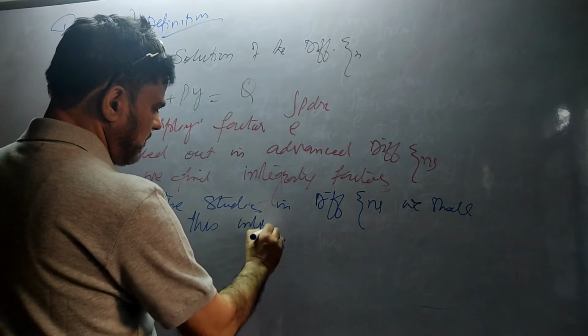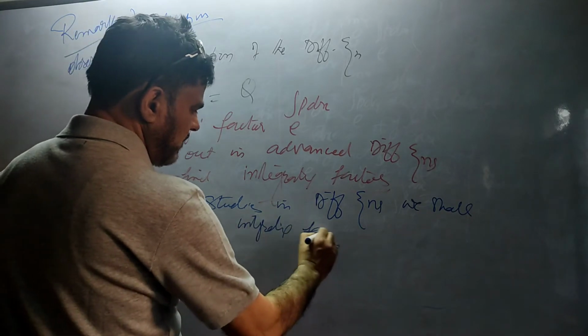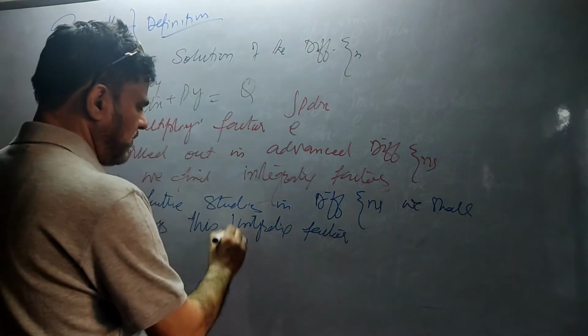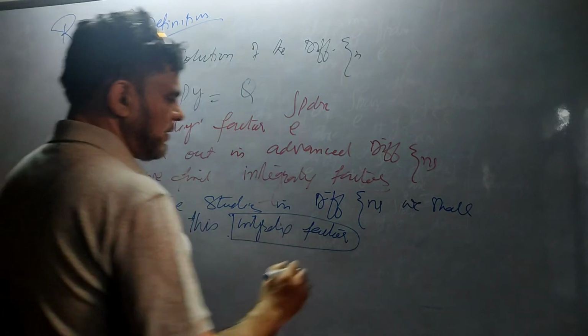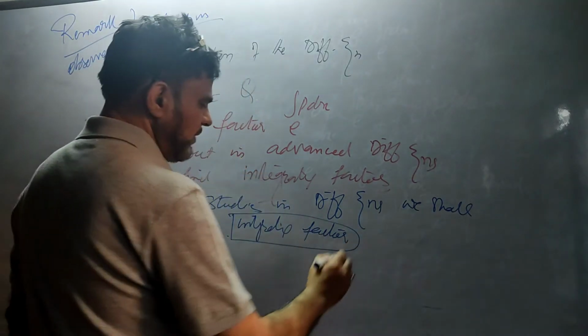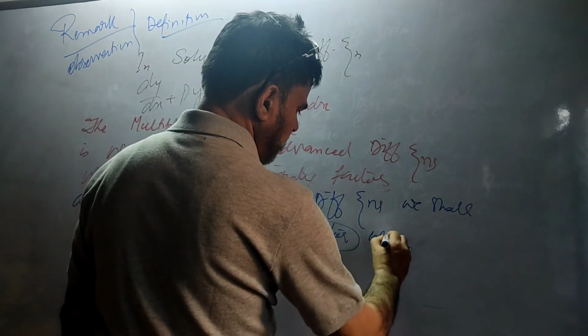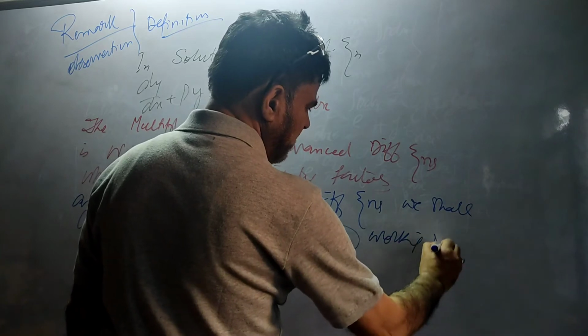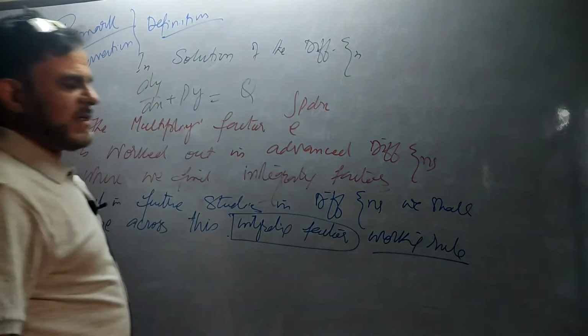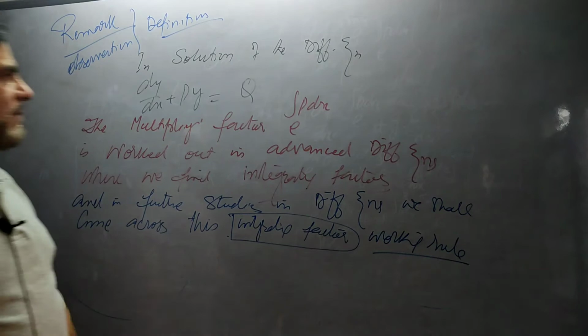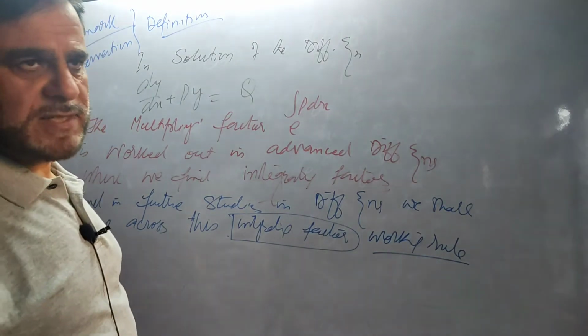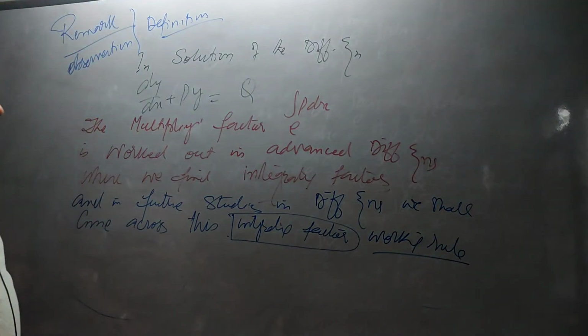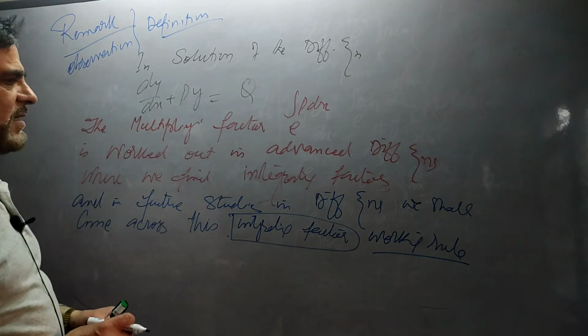integrating factor working rule. What is the working rule for this integrating factor? Here we simply define this e raised to the power integral of p dx, but in advanced studies this is worked out in advanced differential equations where we define the integrating factor.